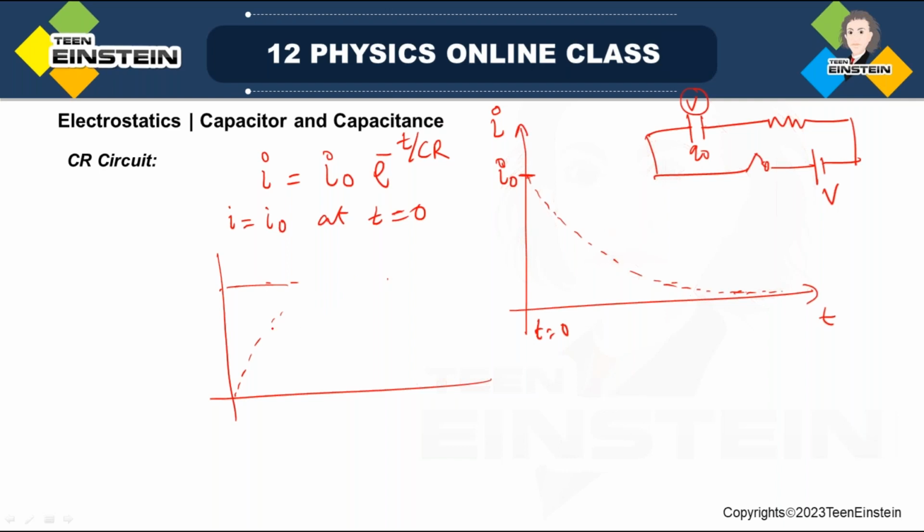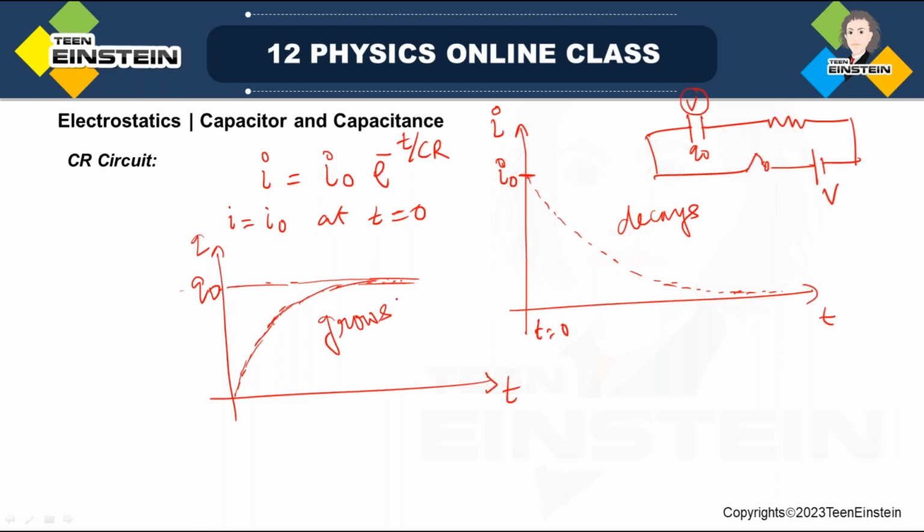After a long time it will reach its steady state value like this. Q0 is the steady state value, and this is Q at any instant of time. It grows exponentially. So charge grows exponentially and current decays exponentially.